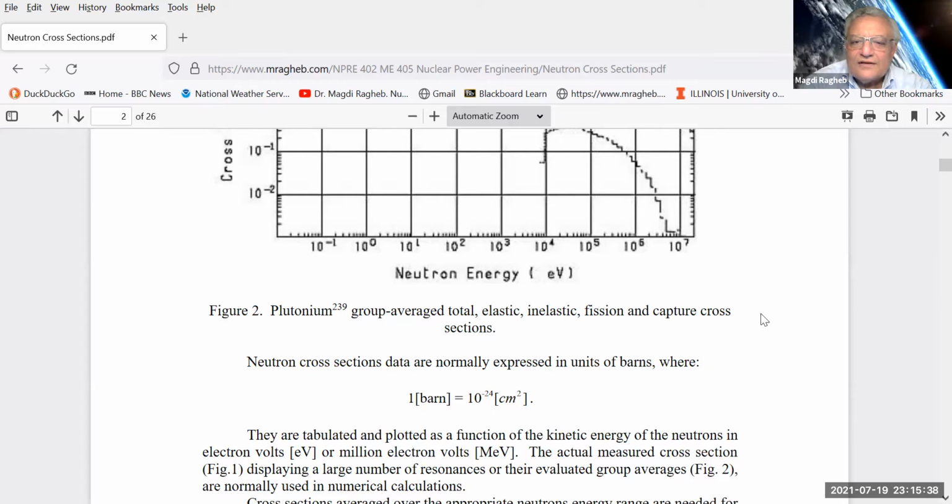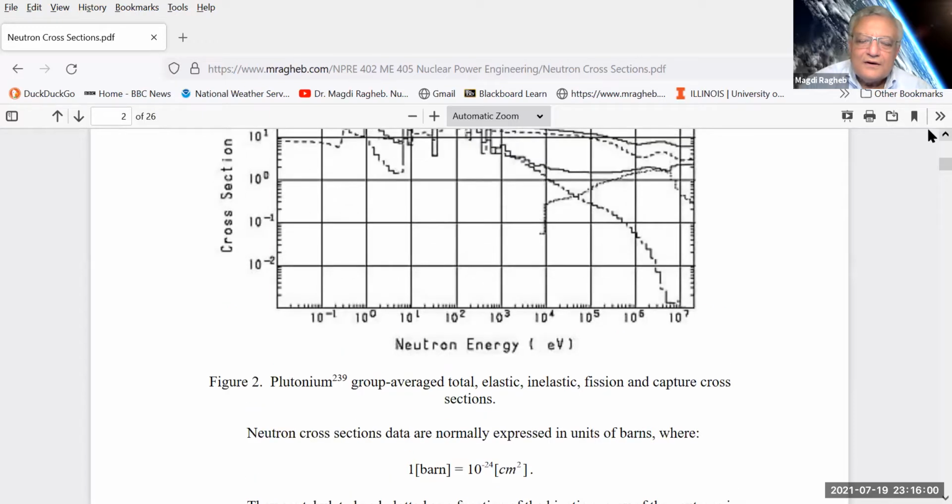So because the characteristic length of the nucleus is 10 to the minus 12 centimeter, if you square that number, you get an area. So 10 to the minus 12 squared is 10 to the minus 24, and that becomes centimeter squared. And the people who measured those cross sections simply jokingly called it the barn.